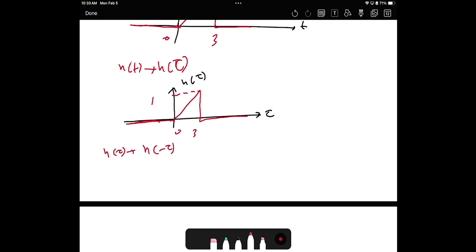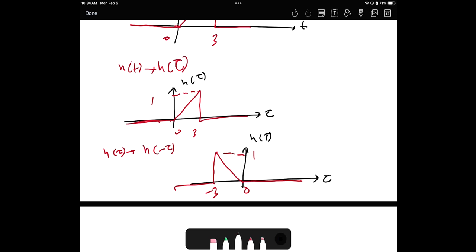H of negative tau means mirror. We already have a time shifting property for the function, so it looks like a mirror. Here's tau, here is h of tau, so the mirror will be like this, like you are mirroring this. So this is 0, this is negative 3, and this is a mirror on the vertical axis. That's what we do. Okay, so we know how to do h of negative tau.